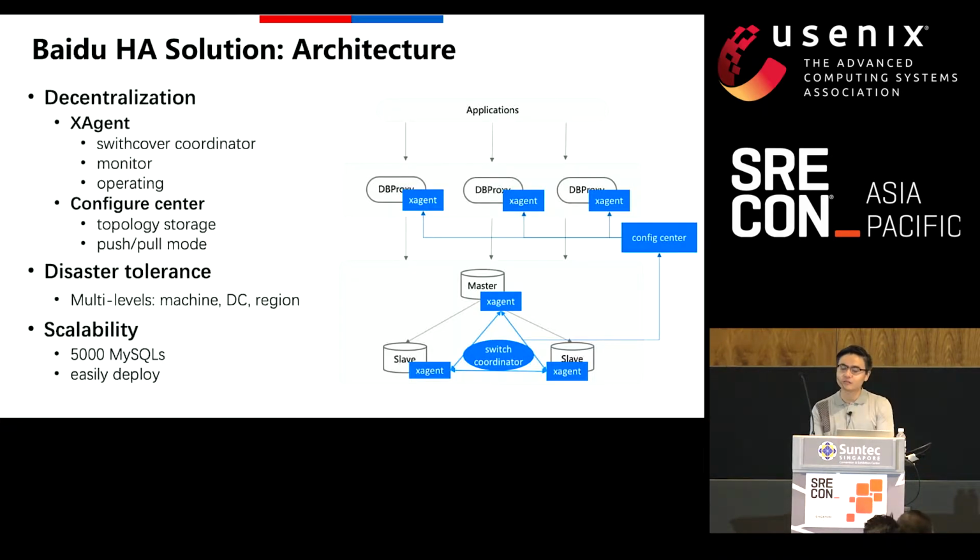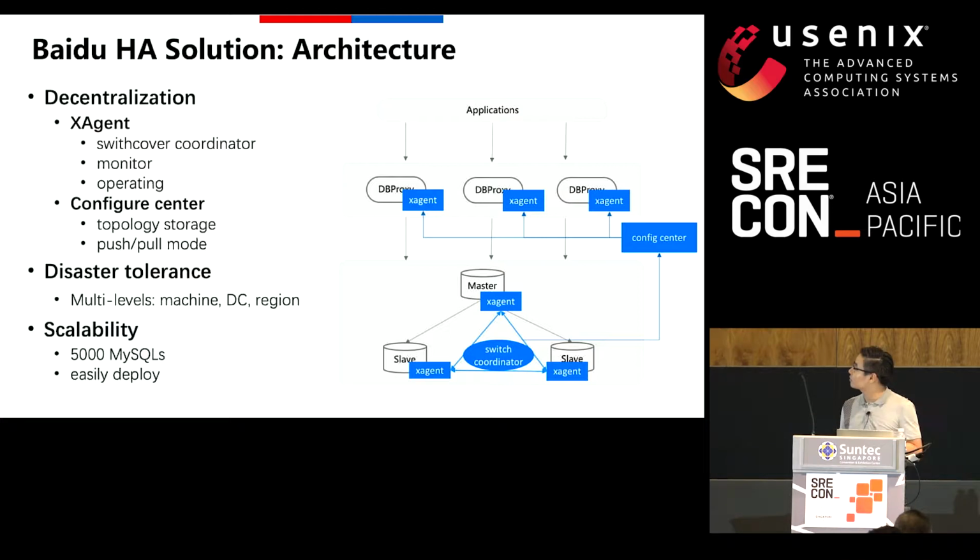So how did we meet Baidu's needs? This is the architecture of our HA solution. It includes two main modules, X-Agent and Config Center. The X-Agent is deployed on each machine. It monitors the MySQL and the machine status.